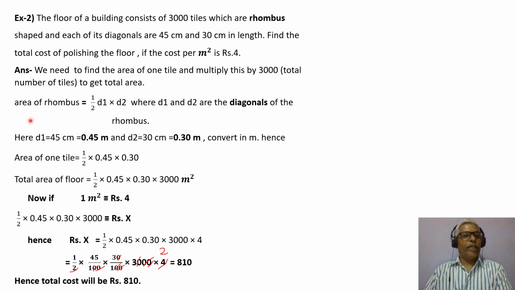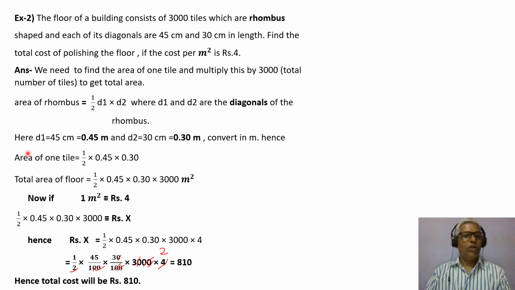You see this, the area of a rhombus is equal to half d1 into d2, where d1 and d2 are the diagonals of the rhombus. We know this, but the area here is given in meter square, that is, per meter square is rupees 4. So we will convert d1 and d2 into meters, so that we get area in meter square.